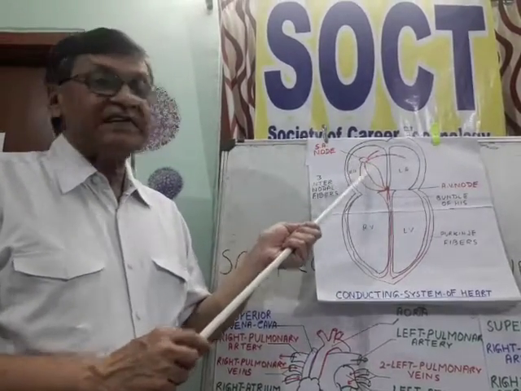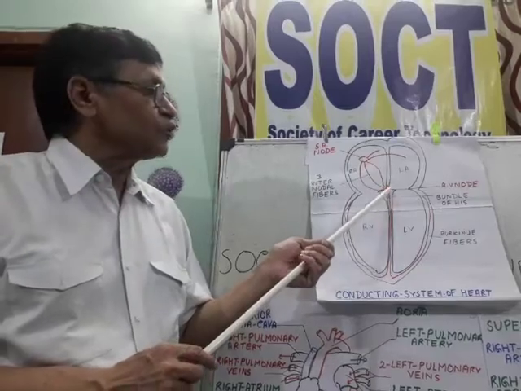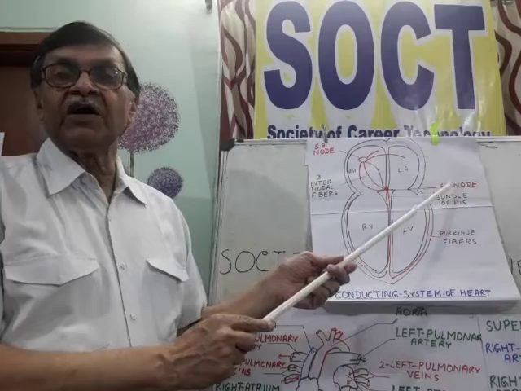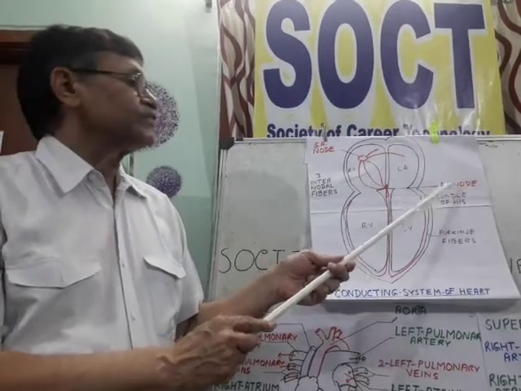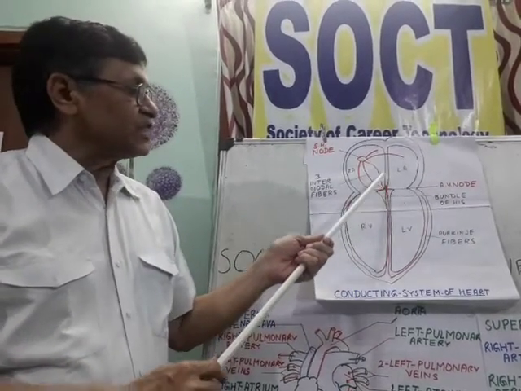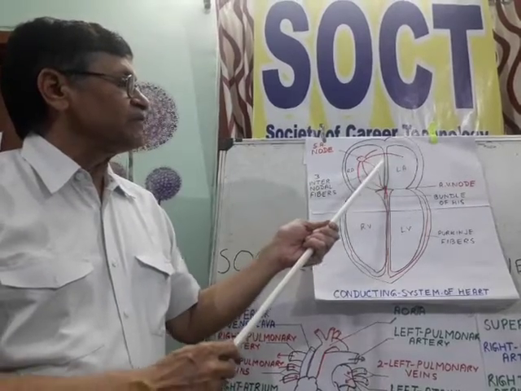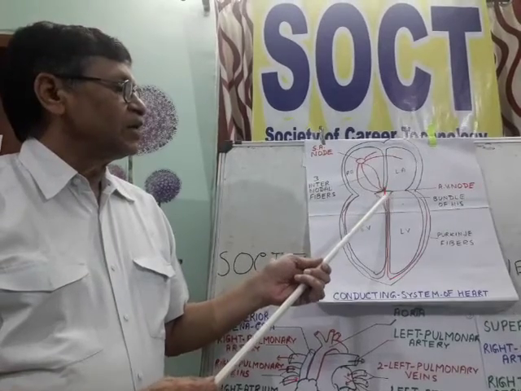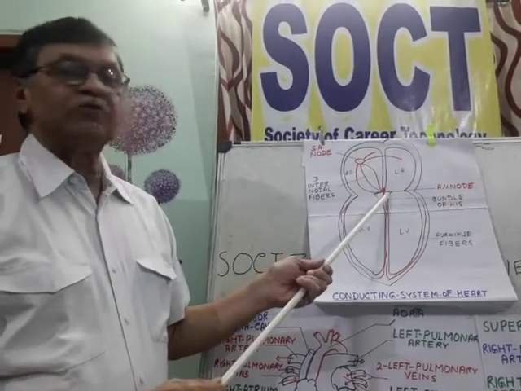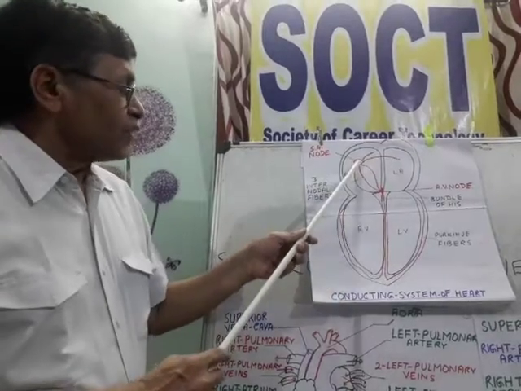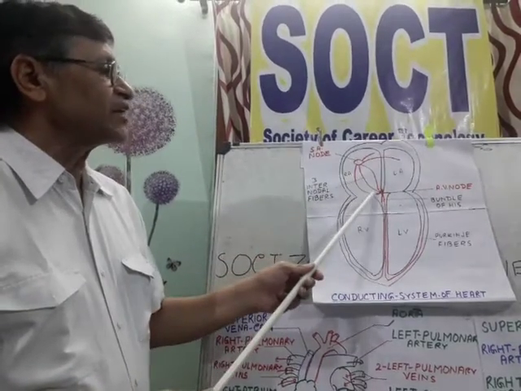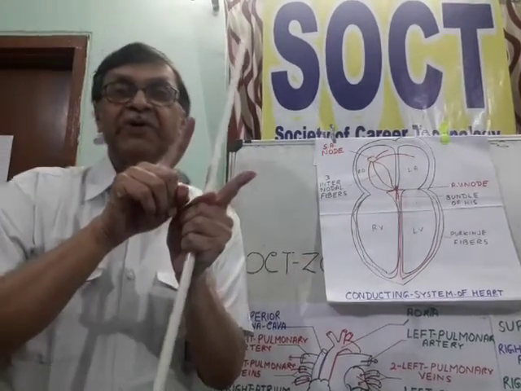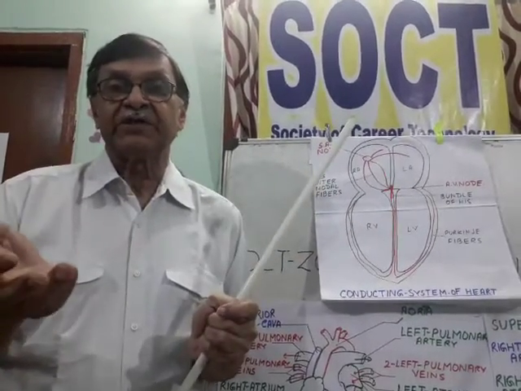At the same time, this SA node also sends a message to the second pacemaker, which is called the AV node or atrioventricular node. It is situated just in between the septum of the left and right atrium near the cuspid valves. From here, with the help of three internodal fibers, the message is sent to the ventricle, but a precaution has to be kept.